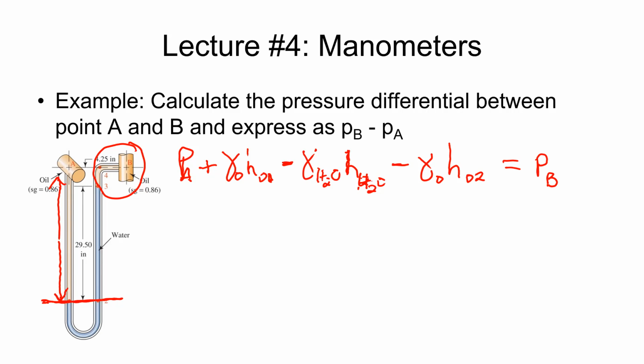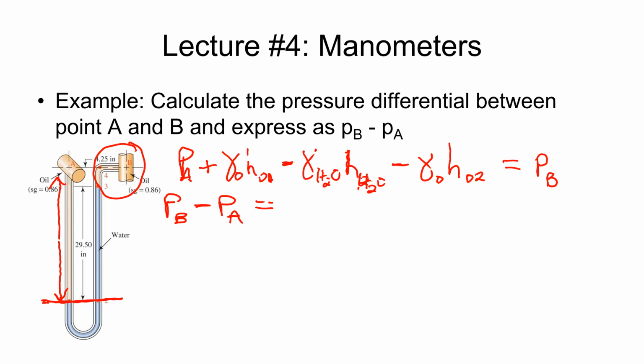So if I rewrite this equation, I can take the PA over to the other side, and I should get that PB minus PA is going to be equal to, and I'm going to do some combinations here.